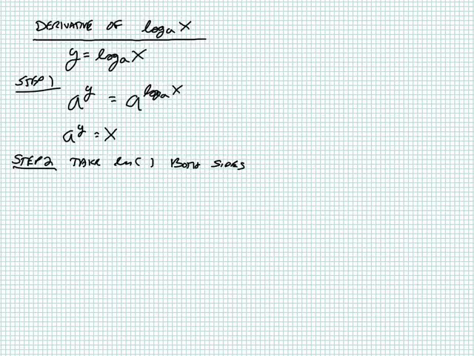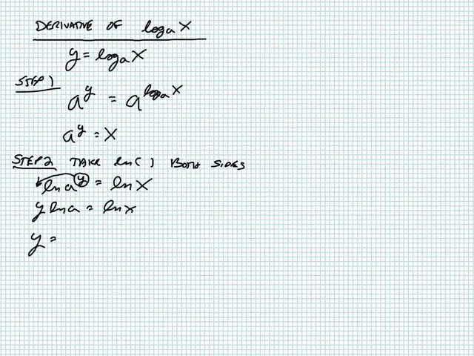So I get the natural log of a to the y power is equal to the natural log of x. Then this y I can bring out front, and so I get y natural log of a is equal to the natural log of x. Now if I solve for y, y is equal to natural log of x over the natural log of a.